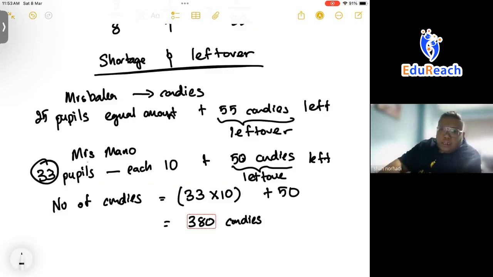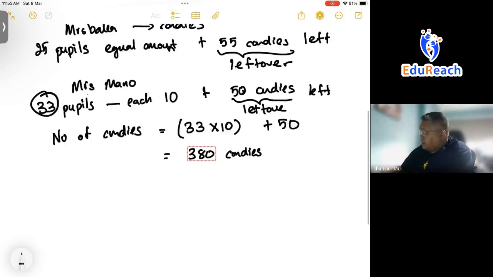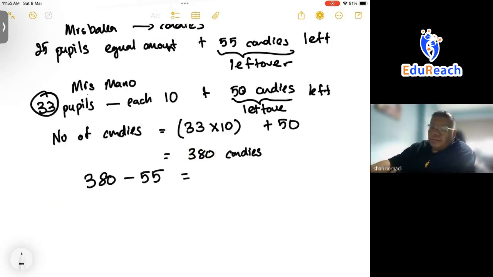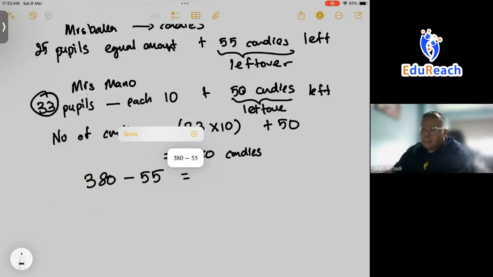Now the question's asking how many did Mrs. Bala give each of her pupils? So what can we do here? We can take 380 first, minus off the leftover from Mrs. Bala. Okay, let's do that.